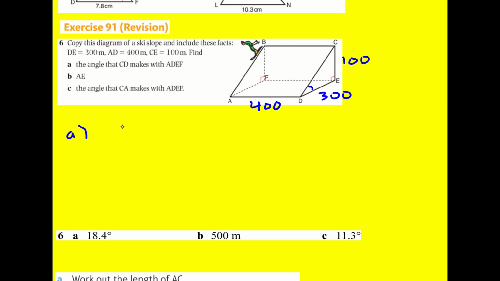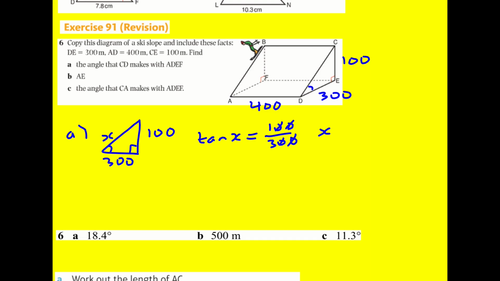So once we've got that, it's not quite so bad because we can just draw the triangle by itself. 100, 300. We have a right angle. We're working out this angle here, which I'll call X. So it's going to be tan X, because I've got the opposite and the adjacent. It's 100 over 300, which just cancels down to a third.